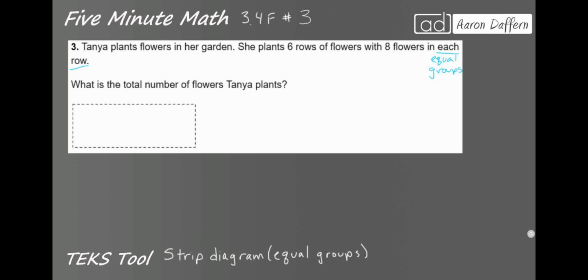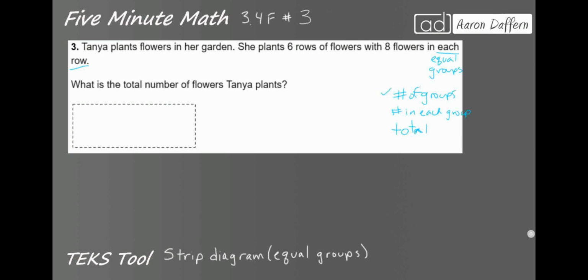And so when we see an equal groups statement, we know that we're going to be looking for 3 things. We're going to be looking for the number of groups, the number in each group, and then the total. The problem is going to give us 2 of these, and we are going to be looking for the third.